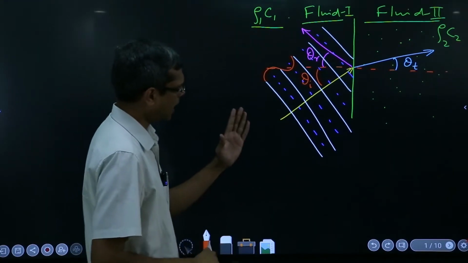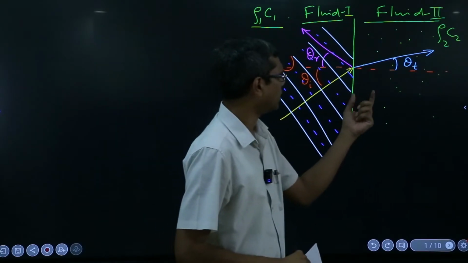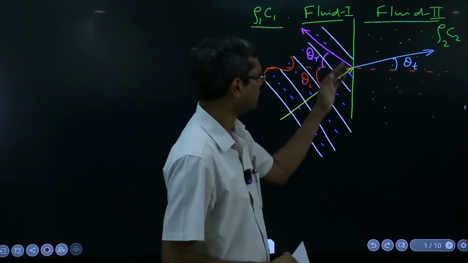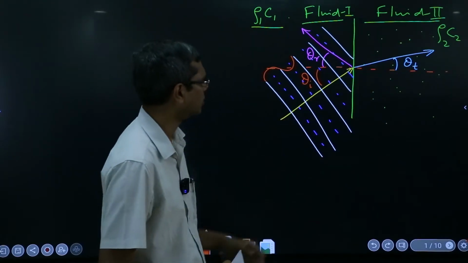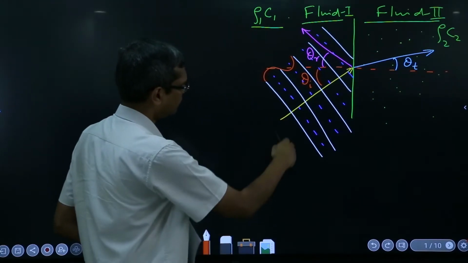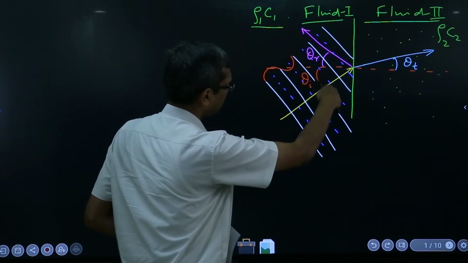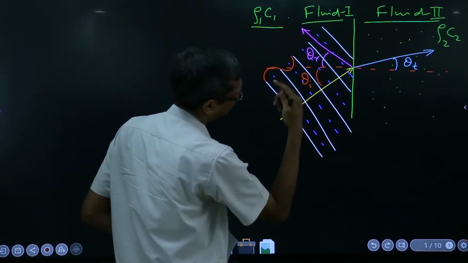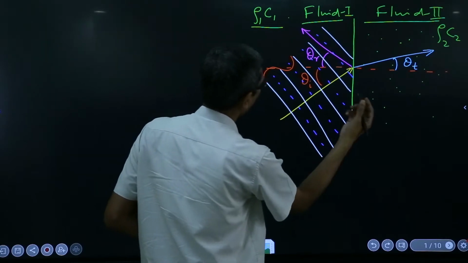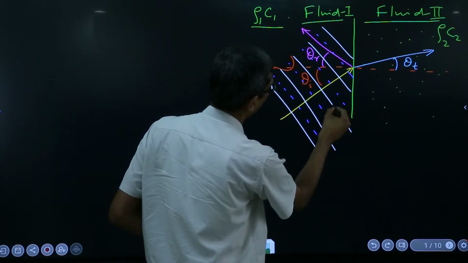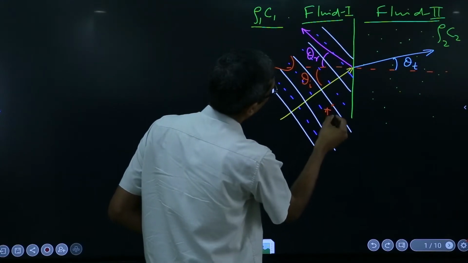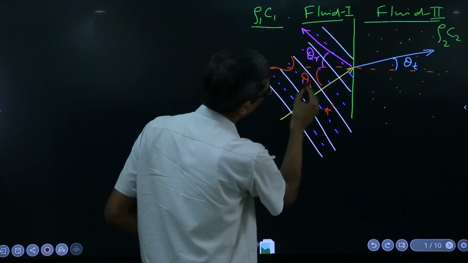Now, to see what actually is happening, and to understand this turning effect, why it turns, think of two particles, maybe A and B. Say A was here and B was somewhere here.